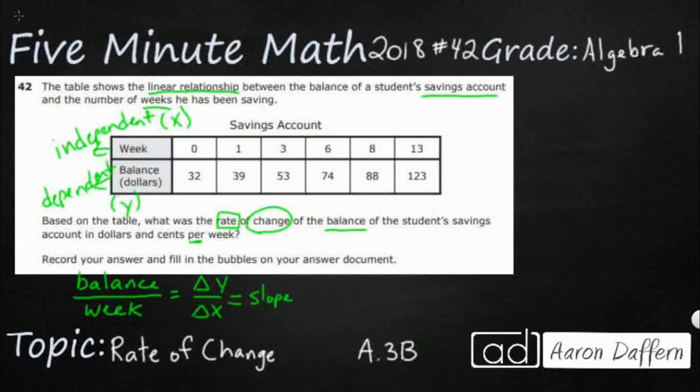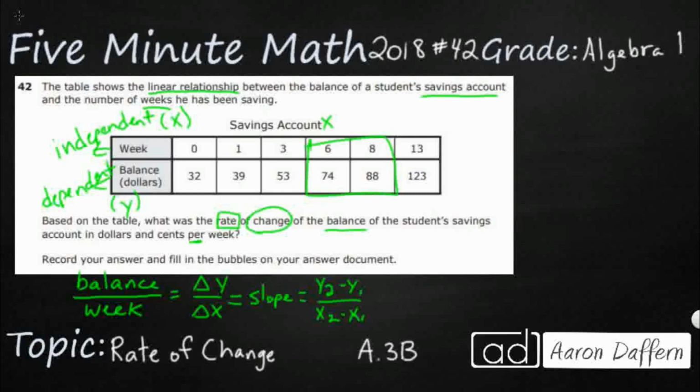But we don't necessarily need to graph this. To find our slope, we just need the change in y, so let's get two y coordinates, and let's get two x coordinates, and just calculate. It doesn't really matter, you can pick any two here.